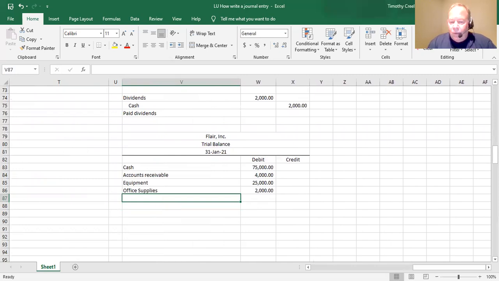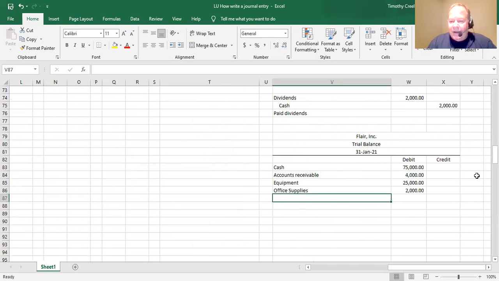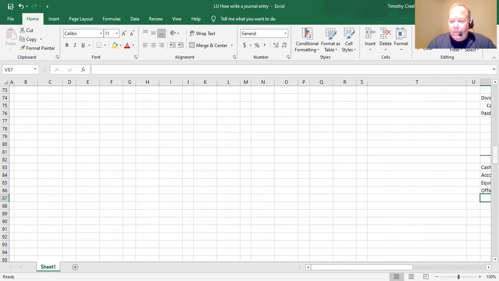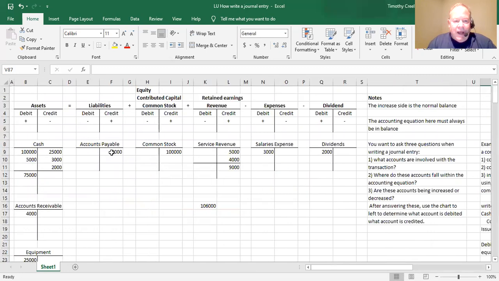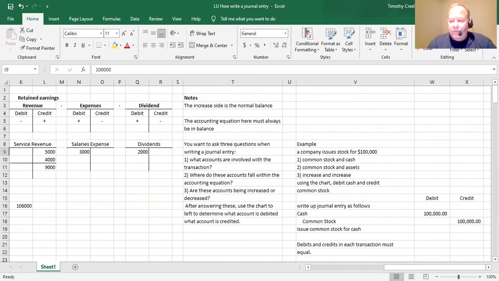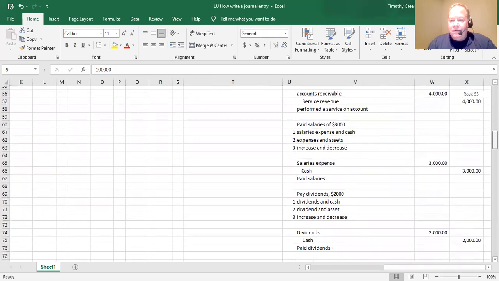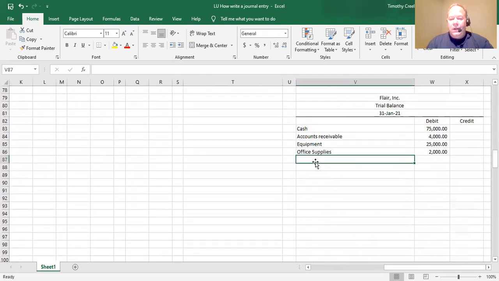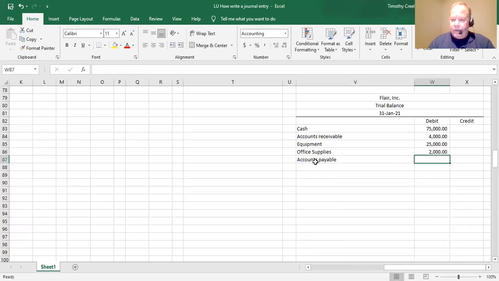Now, we would then want to work our way also across the accounting equation. So the next would be liabilities. So accounts payable of 2 with a credit, and common stock with 100,000 as a credit as well. So I'm going to work my way down there, and I'm going to list accounts payable, and that's going to be what, 2.